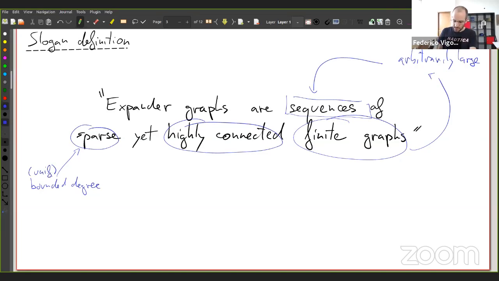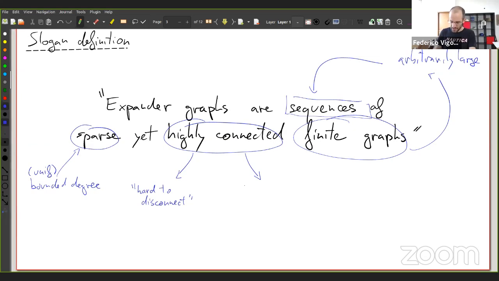And highly connected is the more interesting word. There are at least two meanings that one can give to it. One meaning is what one would expect, that is, these graphs are hard to disconnect, which is the point of view we're going to take today. But then there is a different point of view that is also very useful.